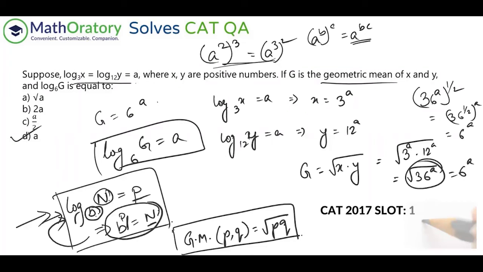So I hope this was understood. Trust me on it. If you're good with these ideas, some basic ideas, not using any properties or anything, just basic principles, if you are very much clear with it, this question will take you hardly 20 to 25 seconds to solve. Because when it comes to algebra type of questions, if you're good with the basics, the advantage is that the information would never be verbose in nature. In arithmetic questions, because the basic ideas are very limited, the question is word problem sort of.